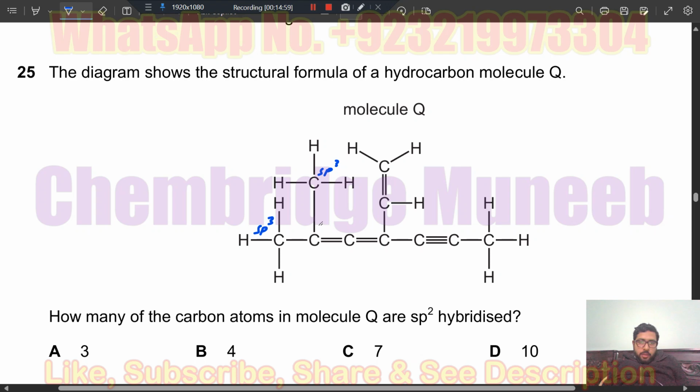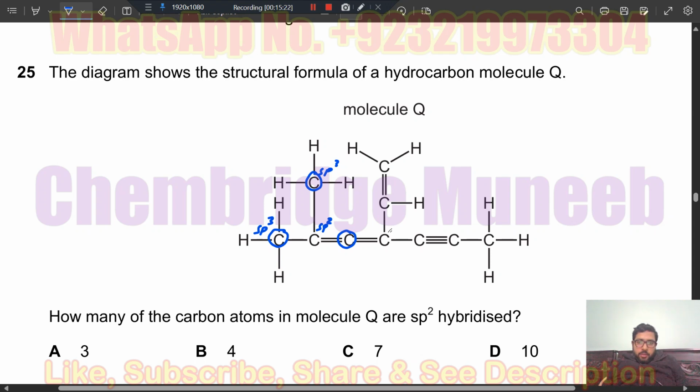But this carbon is sp2. It is bonded through a double covalent bond, and there are 3 atoms bonded with it, 1, 2, and 3. When there are 3 atoms bonded with one particular carbon, that carbon will have sp2 hybridization. So this is the one.